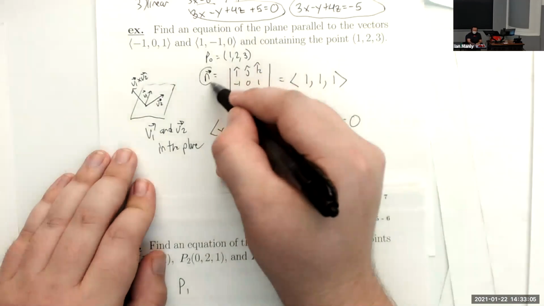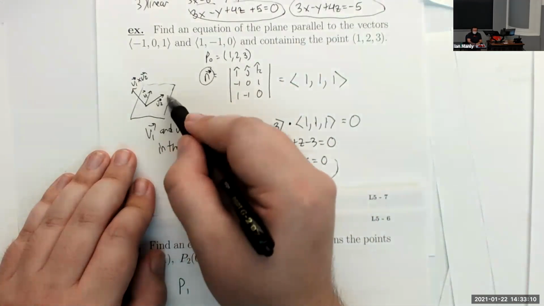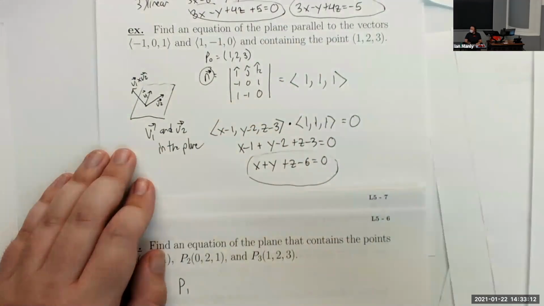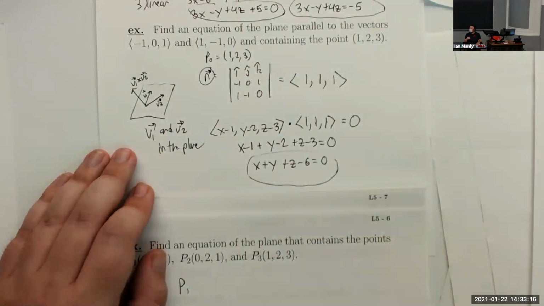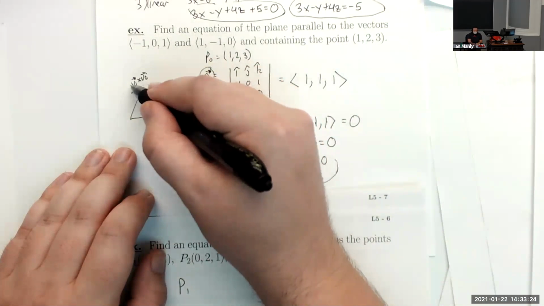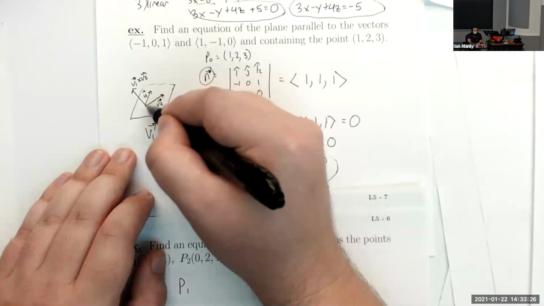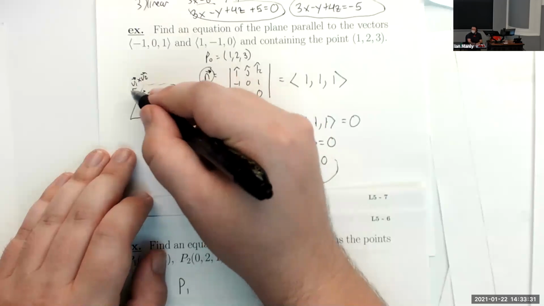That's what we need for this n right here. So if these vectors represent stuff that's in the plane, and we can take the cross product and get something that's perpendicular to the plane, then we're going to use that cross product as our normal vector here. So if we cross these two, we'll get something that looks like this. And because these were in the plane or parallel to the plane, this necessarily will be perpendicular to the plane.